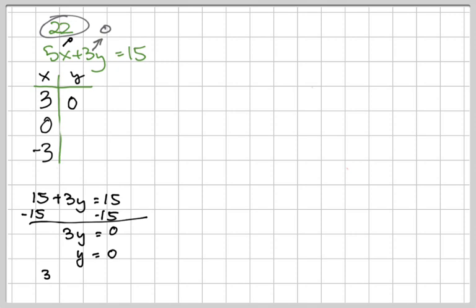What you have left is 3y equals 15. Divide by 3, and that makes y equal to 5, and that is your y-intercept. X and y-intercept I'm going to talk about in a second, but they are easy to find here because 5, 3, and 15 are multiples of each other.